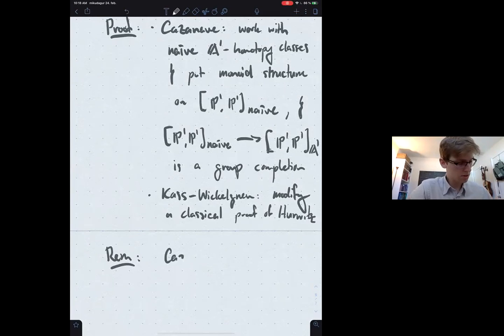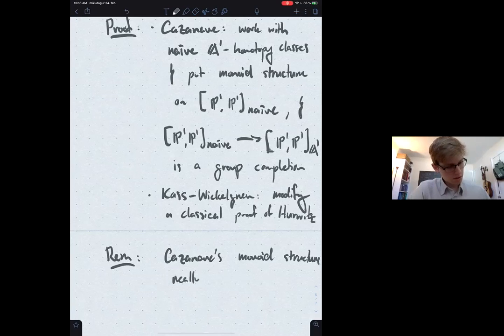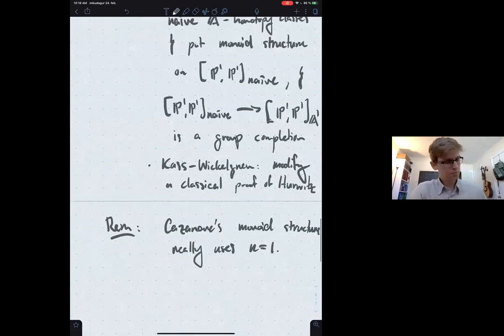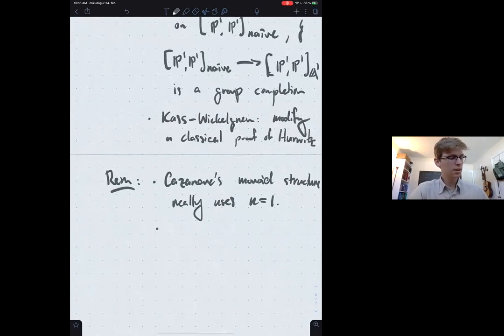So Cazanave's structure really uses n equals 1. And in Jesse and Kirsten's proof, there are these matrices called Newton matrices that show up, and it's not clear to me how one would generalize those to higher n as well.